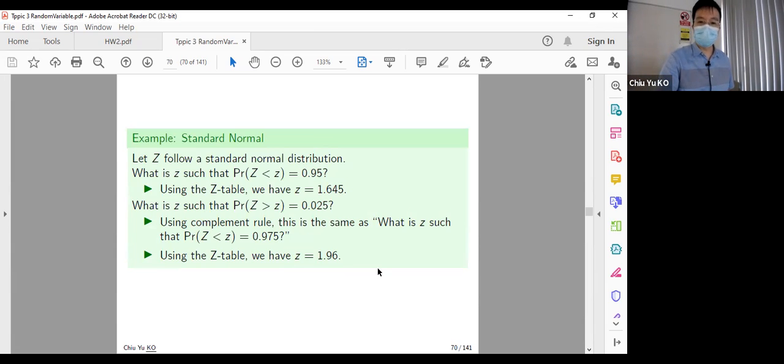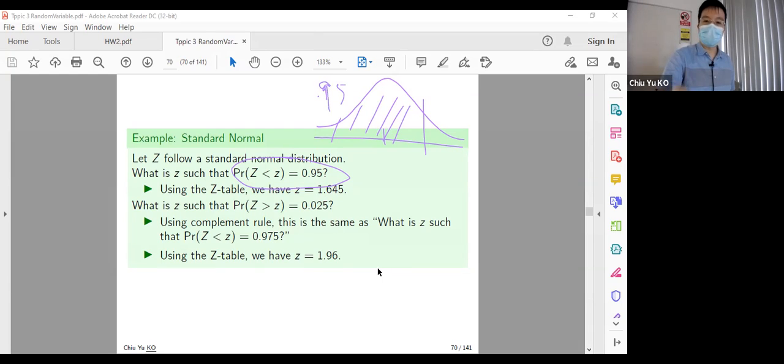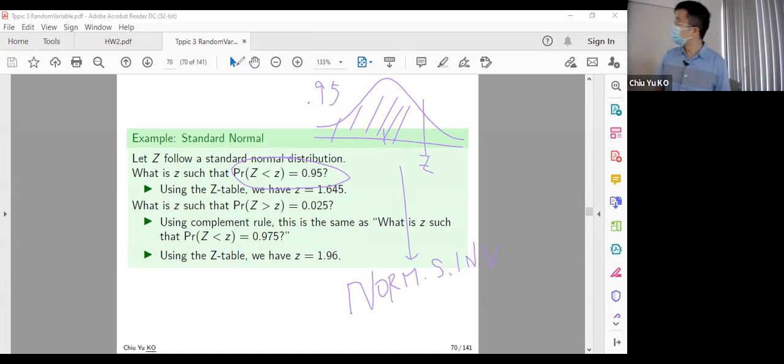So the question is asking what's this Z, if we have this normal and this area is 0.95. What is this value? And we just said how to do it. We'll be using norm S inverse.